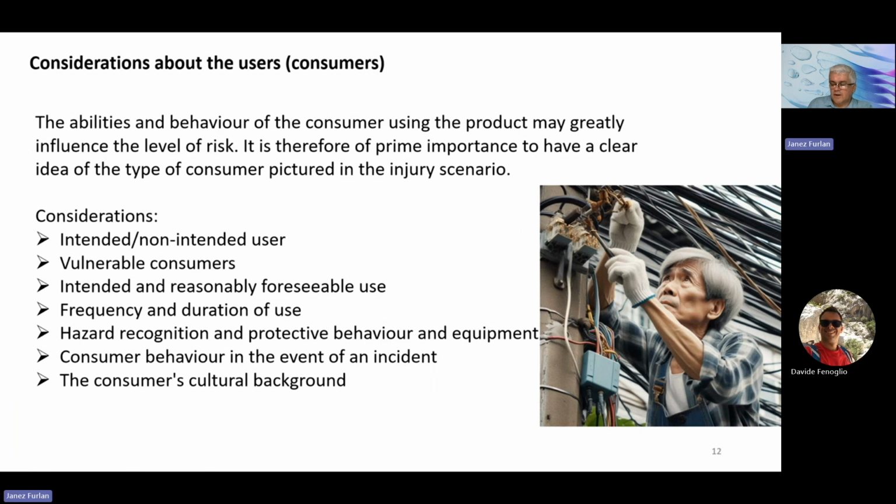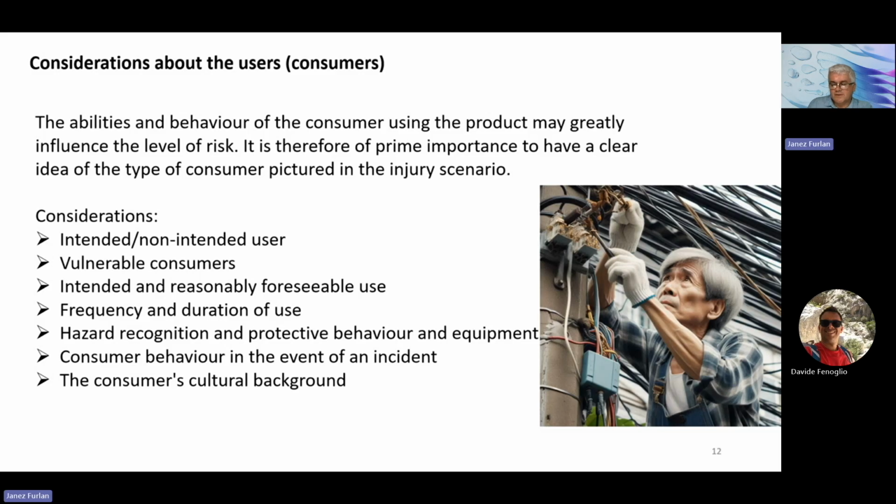When we are doing the evaluation of possible risks, we also need to take into account the consumer group that will be using the products. In particular, we have to look at vulnerable consumer groups, in particular small children or elderly people or handicapped people.